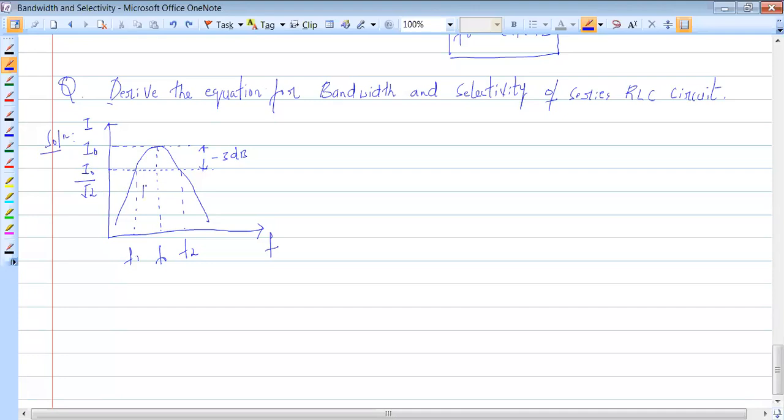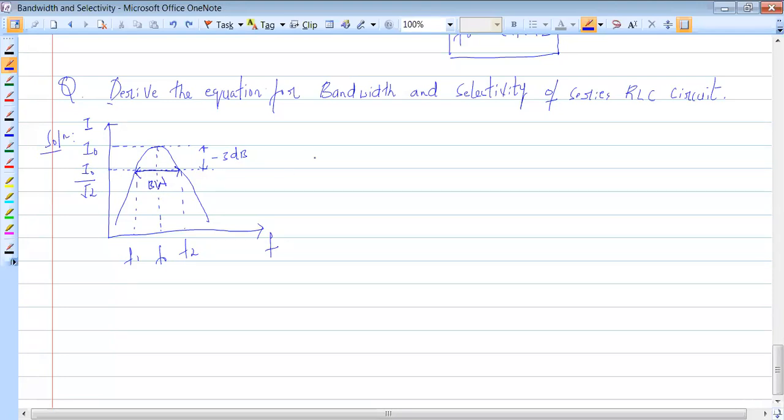Now see here, this particular part of the graph is called bandwidth. Everybody understand? So this is what we are deriving the equation for, the bandwidth of the circuit. What is bandwidth?